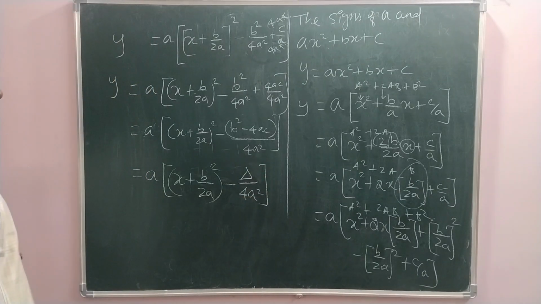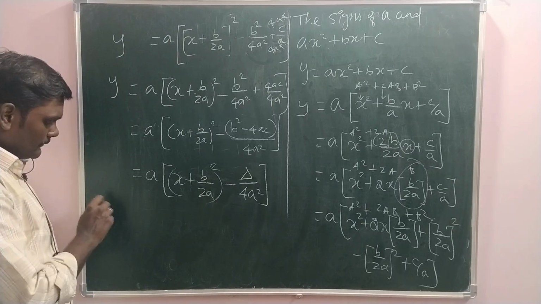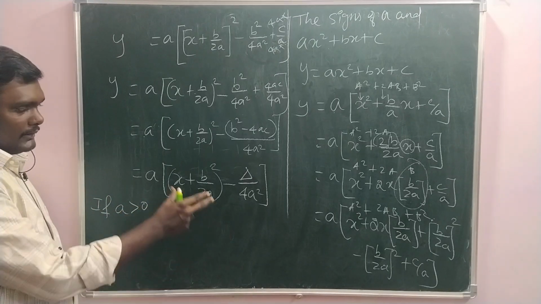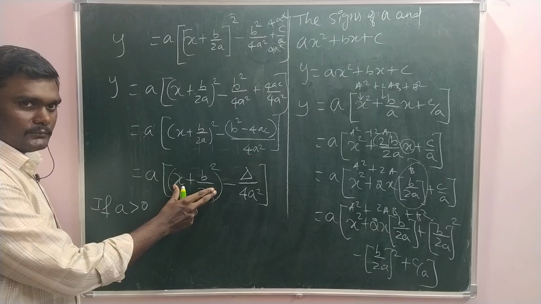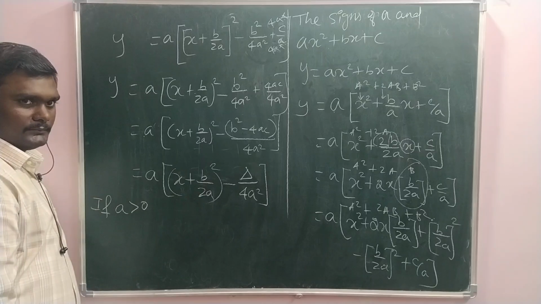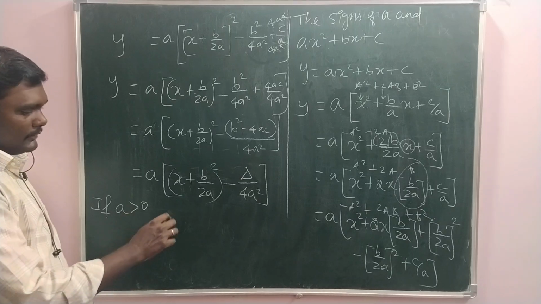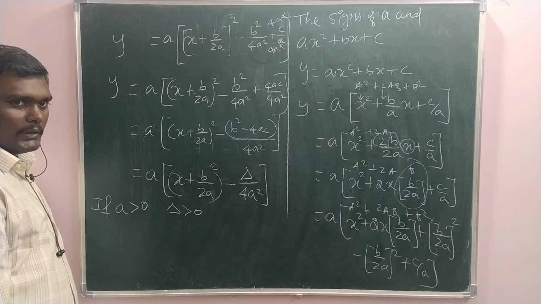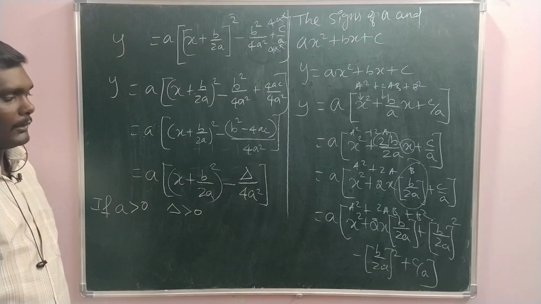Now we are going to determine the sign, that means positive or negative. Simply, if a is greater than 0, you know this is fully positive, as this is a whole square, right? Now the sign is determined by a and del only. Okay, so if a is positive and del is positive, then will this whole expression be positive?